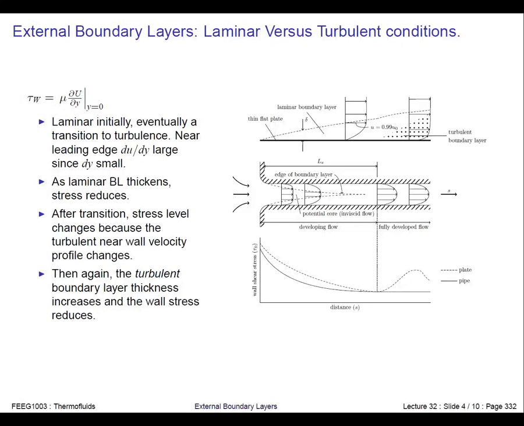So just to think about the shear stress distribution on an external boundary layer, this is the slide that we had before, and our shear stress distribution drops, comes down to a point, and at the point where the turbulent boundary layer starts, the shear stress rises, and then as the layer gets thicker and thicker, it starts to drop. Okay, so we need to try and deal with this, understand it, and calculate things with it.